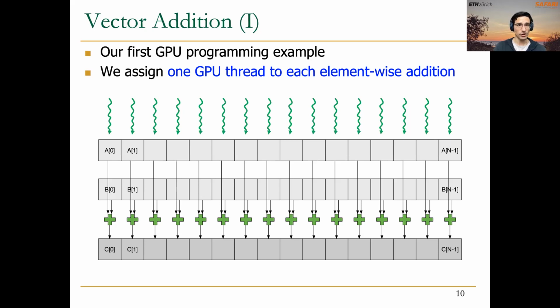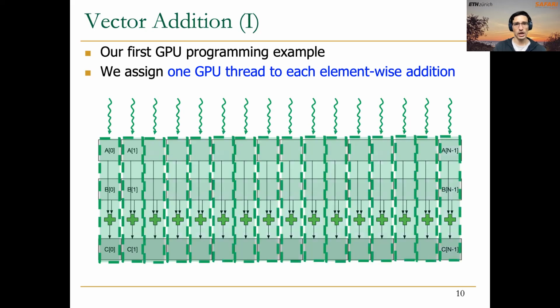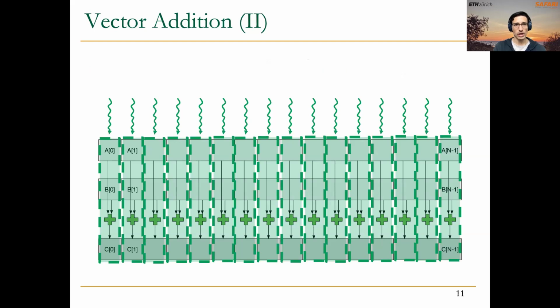So the first thread is going to compute A0 plus B0 and store the result in C0. And this is the addition that the next thread, thread 1, is going to execute. And these are the additions for the rest of the threads.